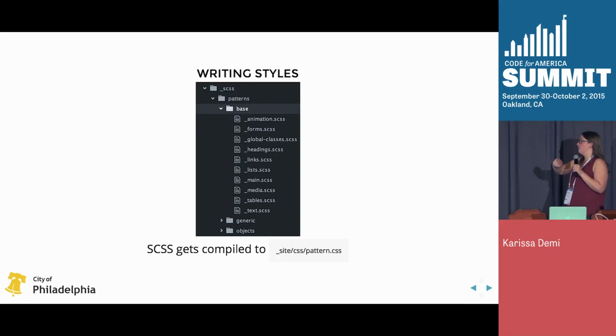So what we have is a folder for Sass and a bunch of files broken down, and I'm sorry if this is hard to see, I realize you probably can't read any of this. But basically we have individual files that describe the styles that we're creating for each of these options. So we have something for headings, something for links. And all of those things get compiled together, compressed, and that's what your pattern portfolio is going to output, a compressed CSS file with all of the styles for the site on it.